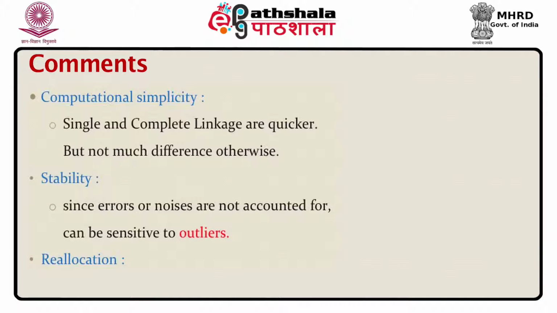One other thing that we should keep in mind is that when we do agglomerative hierarchical clustering, we have no provision for correcting misclassifications. What is meant by this is that we do not reallocate members from one cluster to another cluster.